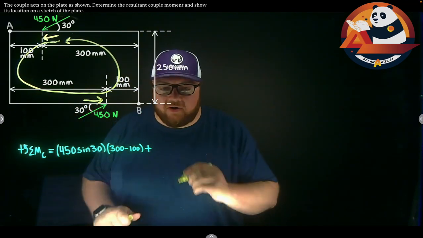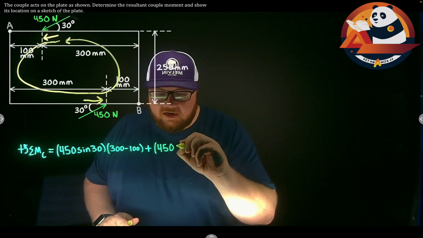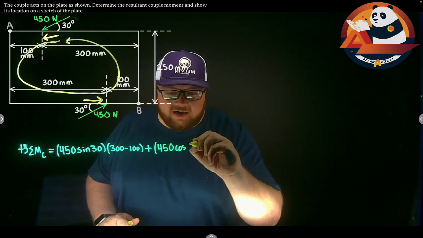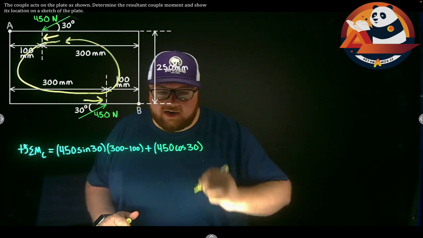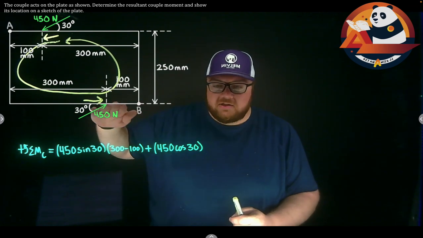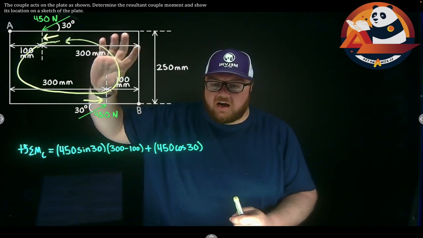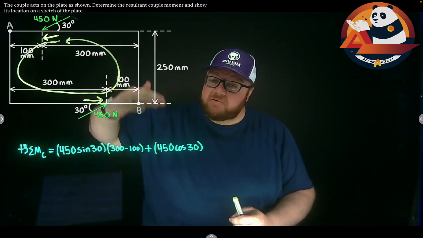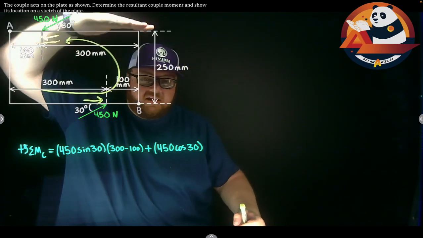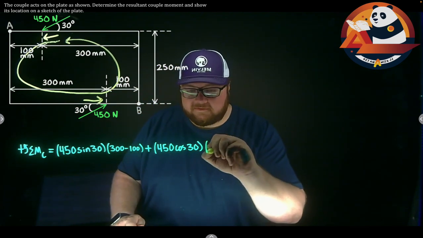So plus, we need our x component of force. That'd be 450 cosine of our angle, cosine 30, times, now I need a y distance on this. So from the x component down here up to the x component on the top, just that perpendicular distance between their lines of action, that straight line point on both of them, my total height, times 250.